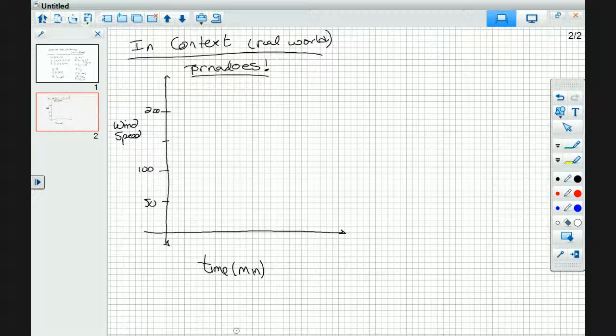The wind speed is in miles per hour. We're American. And then here's the graph.